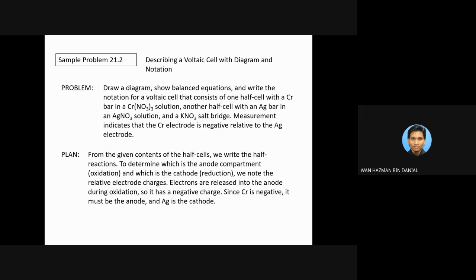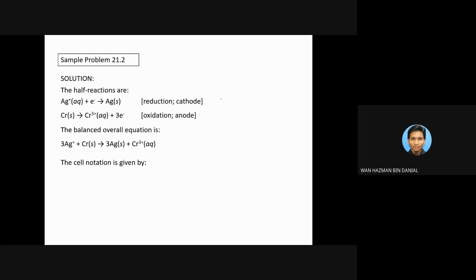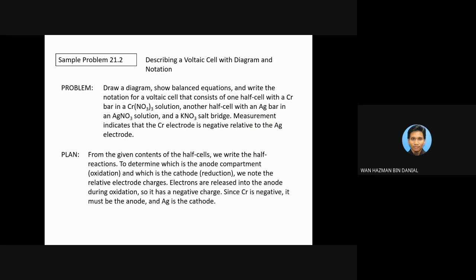Okay, so this is the equation. You can draw a diagram, show balanced equations, and number 3 is write the notation. First kena draw. Number 2 is show balanced equations. Write the notation for what is said.